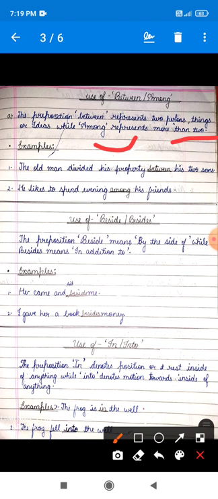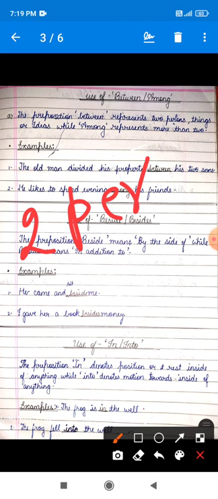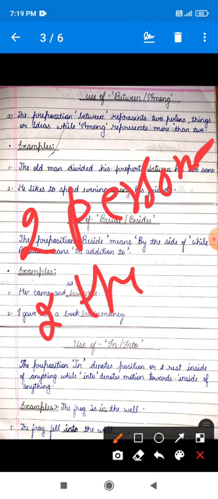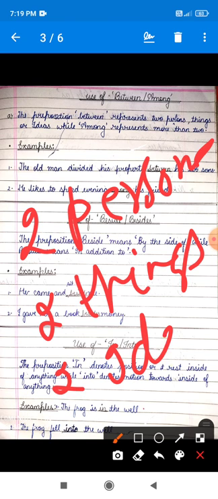Is that clear, student? When we talk about only two persons, two things, or two ideas, in that case we use preposition between.